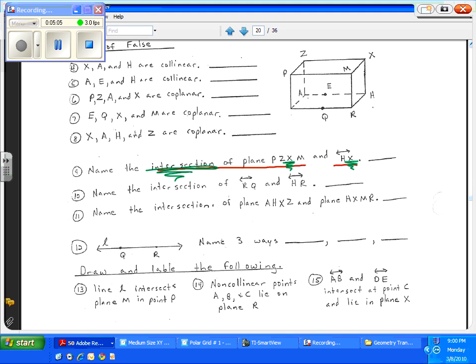So you can look at the name and know that point X is common to both, but we need to really verify if that's all that is. We should know that unless the line runs through there, then that's it, but we should draw it to check it out. P, Z, X, M then is the plane we're talking about.